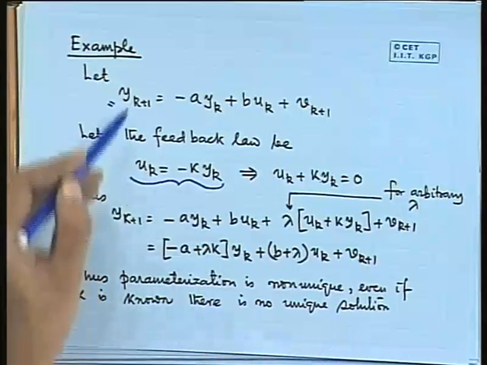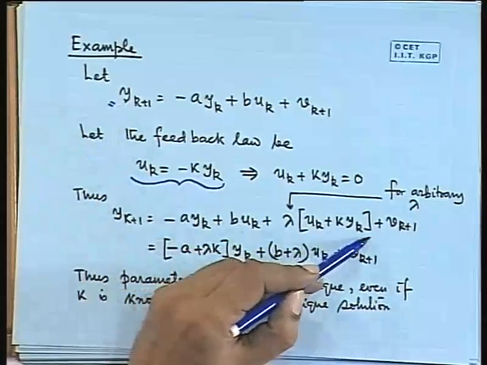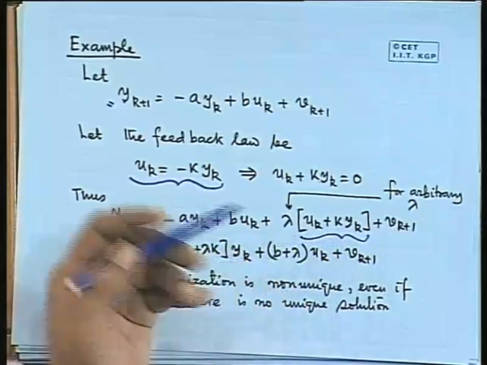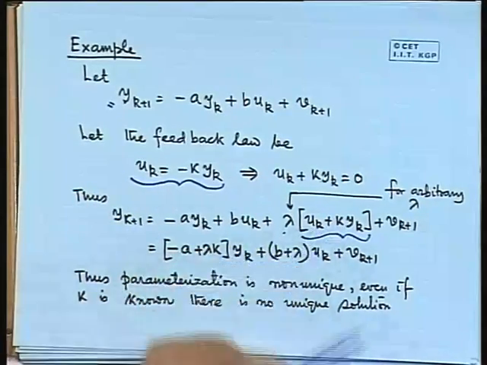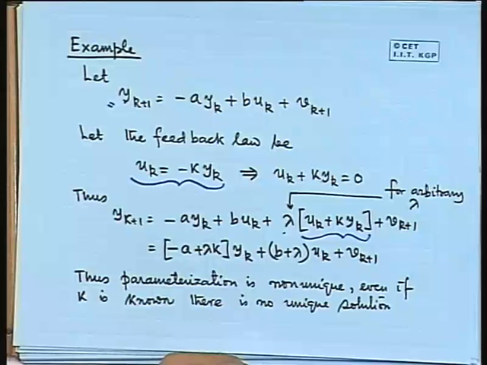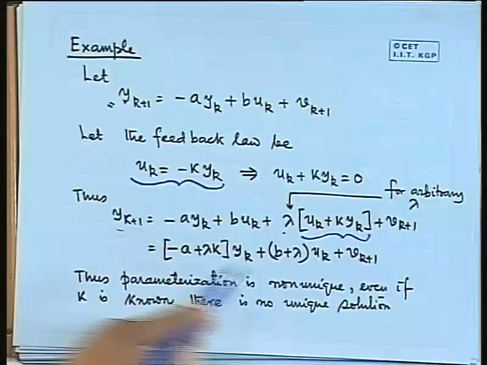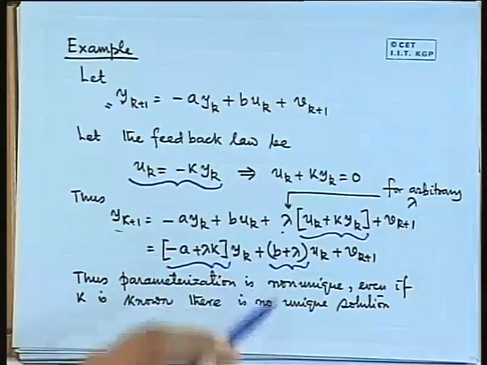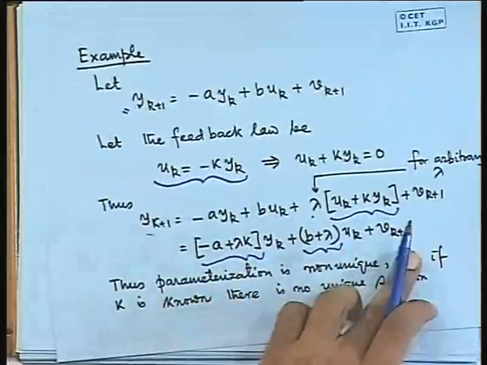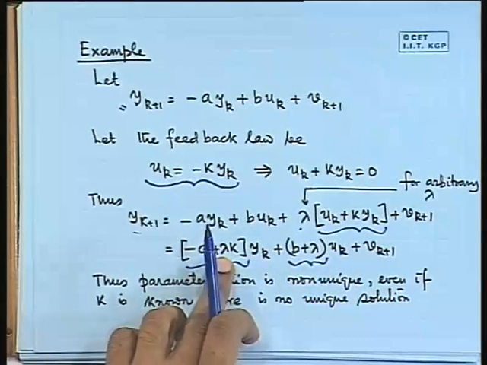So this equation you can always add any amount of this term, and that equation is also satisfied. This lambda can be arbitrary because UK plus KYK is always 0. So this equation is also true. So the open loop plant satisfies this equation for arbitrary values of lambda.